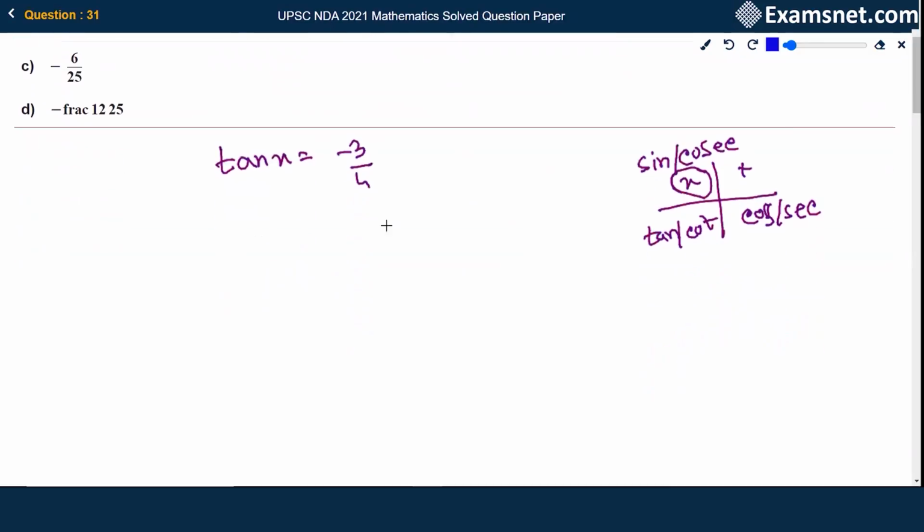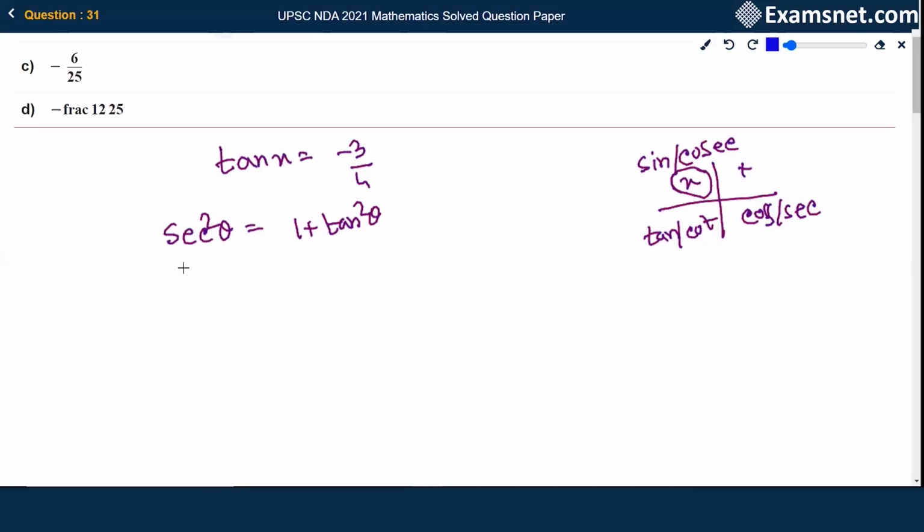What is the relation between tan and sec? I mean, how do we find the value of sine or cos from tan theta? So we already know that sec squared theta equals 1 plus tan squared theta. From the standard identity, we know this value.